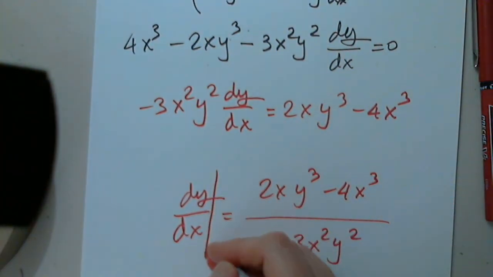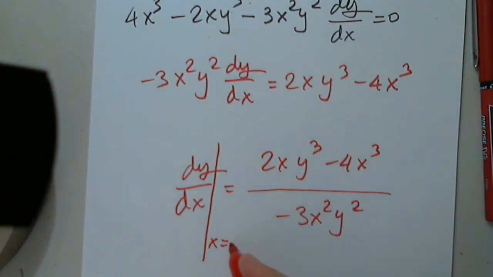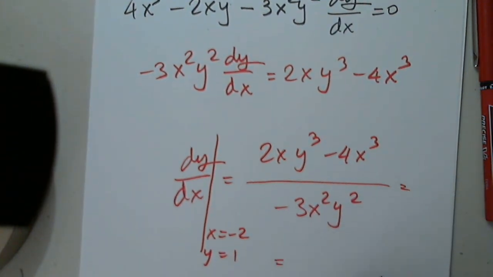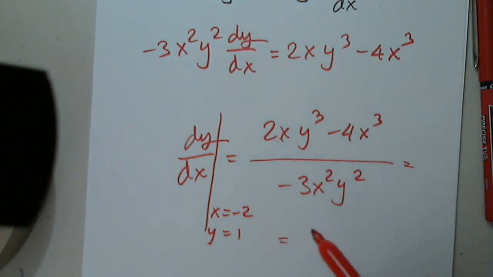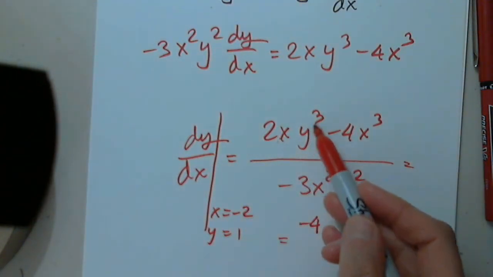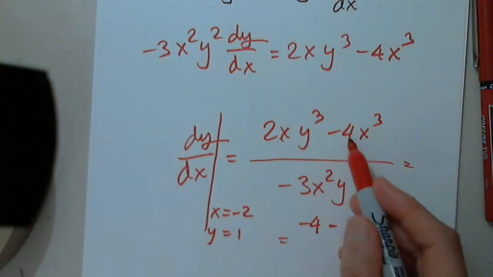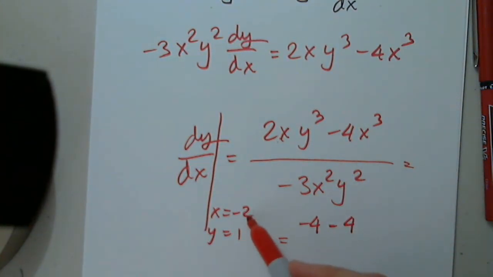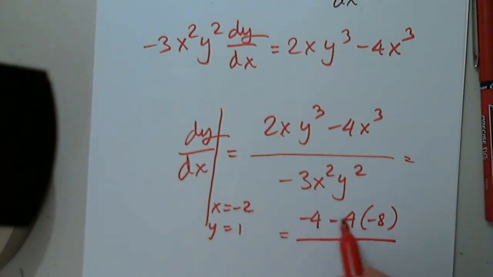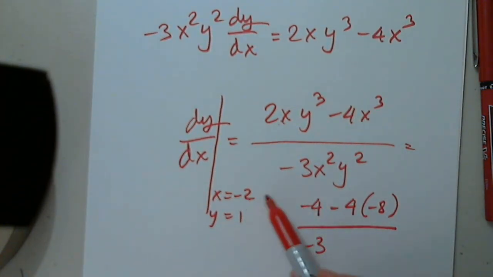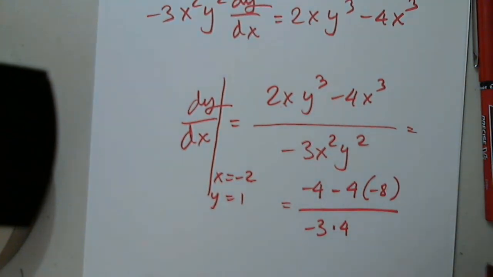All I have to do now is plug in the numbers they gave us. And this is done. So 2 times negative 2, this is negative 4. 1 to the third is 1 minus 4. Negative 2 to the third will be negative 8 over negative 3. Negative 2 squared will be 4. And 1 squared is 1.